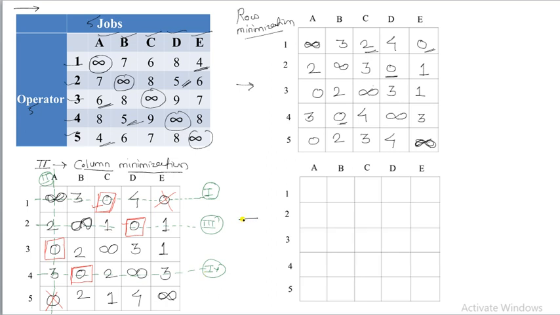Now in this next step we are going to select the smallest element which is uncovered. Uncovered means through which no line has passed. We'll have to go for three types of operations here.